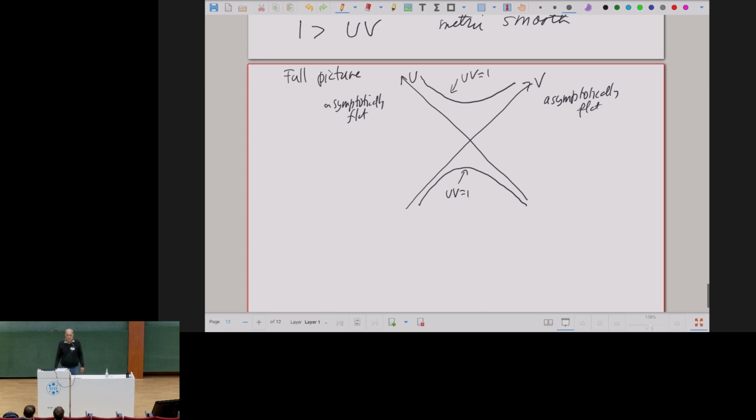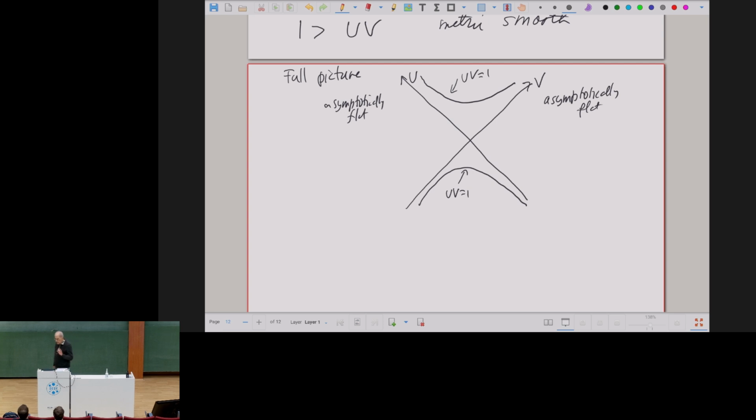So that's the asymptotically flat region. So in learning to continue beyond the horizon, we got a bonus. We studied the black hole for a long time from the perspective of an observer outside the horizon, but then we continued the Schwarzschild geometry past the horizon, and we found that there's another asymptotically flat region on the other side.